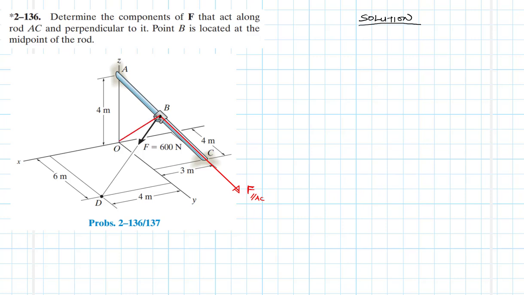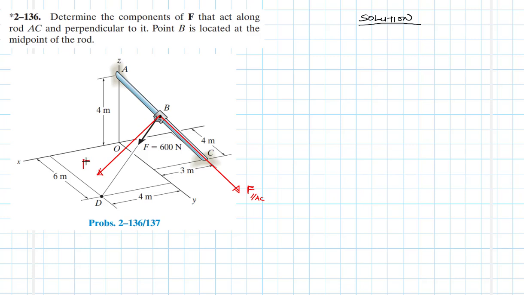So I'll draw it from the same point like so. This one looks perpendicular, right? There we go. So it's perpendicular like so. You can see this is at least closer to perpendicular, right? So it's perpendicular to AC.